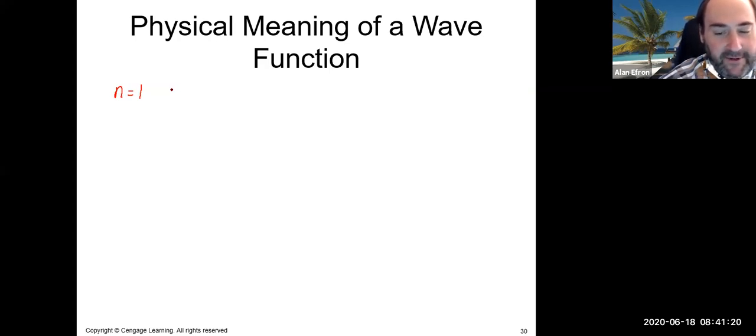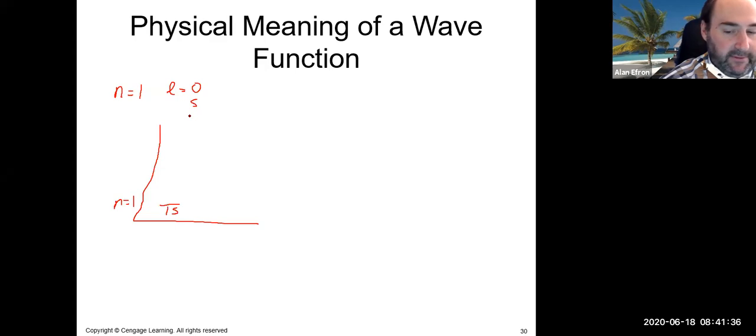All right, so n equals 1. Again, we're going to have our L, that can be 0. What a 0 for L represents is an s orbital.